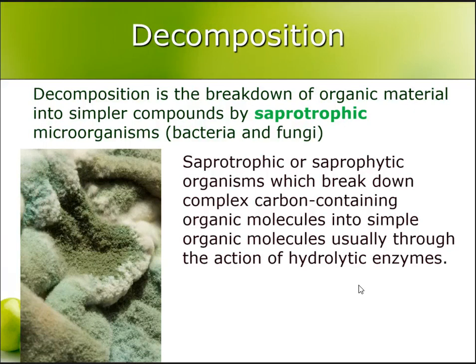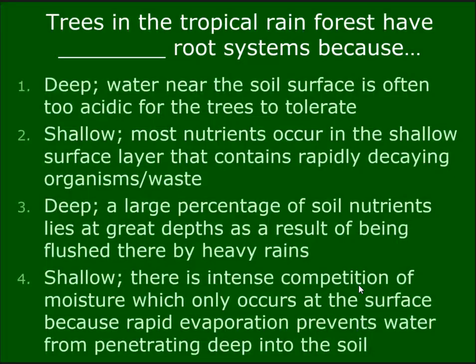These organisms break down complex carbon-containing organic molecules into simple molecules through the action of enzymes, right? Hydrolytic enzymes. And we're going to talk about enzymes later on. But all of this is really important. And so what you're going to do is bring something in, and we're going to let it decompose and see what happens to it. Okay.